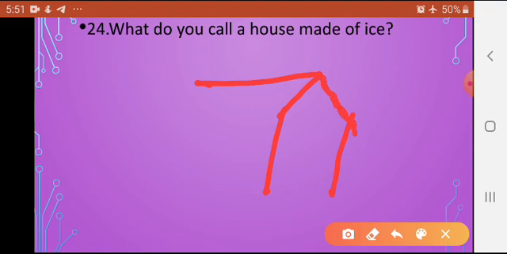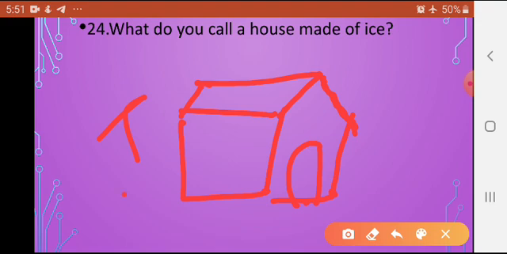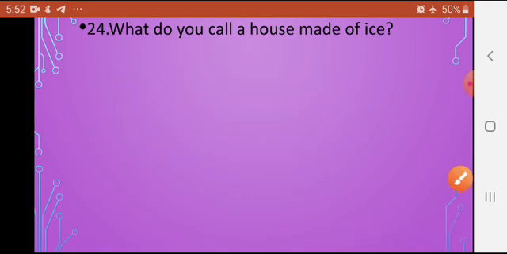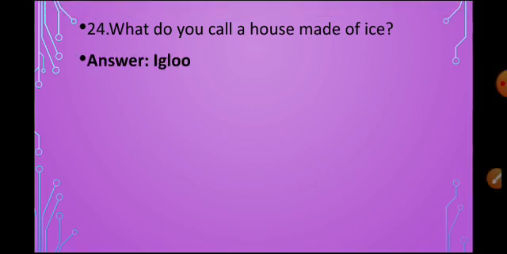Suppose that it is a house, and this house is made in an ice area, it means made of ice. So what do we call a house which is made of ice? We call that house by the name of igloo. Okay, igloo.